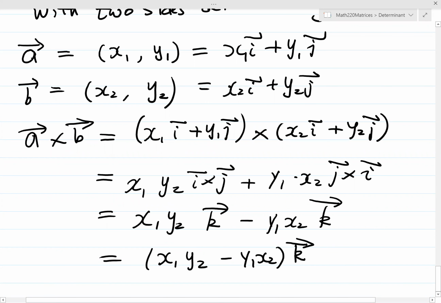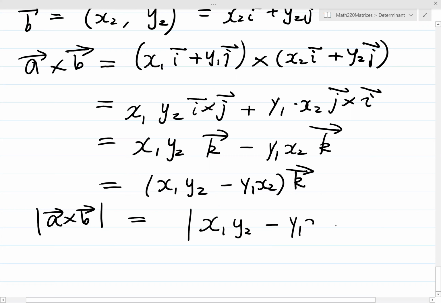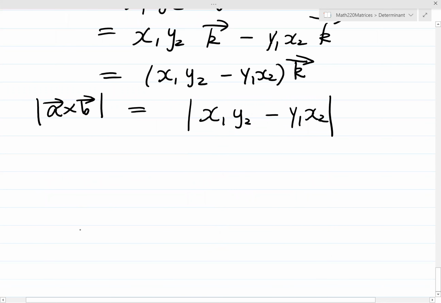Now, its norm: A cross B norm will be exactly this value, since k has norm 1. So it's x1, y2 minus y1, x2. If this is vector A and this is vector B, then it determines a parallelogram.